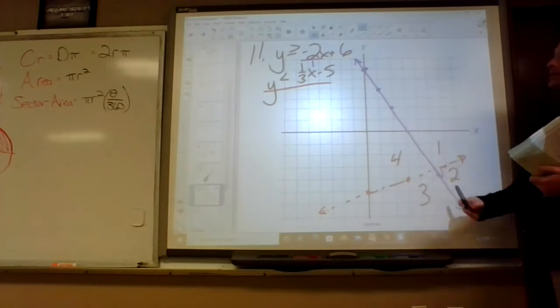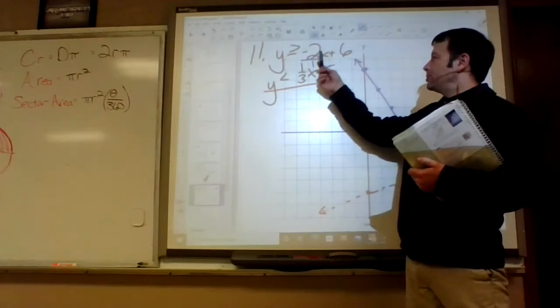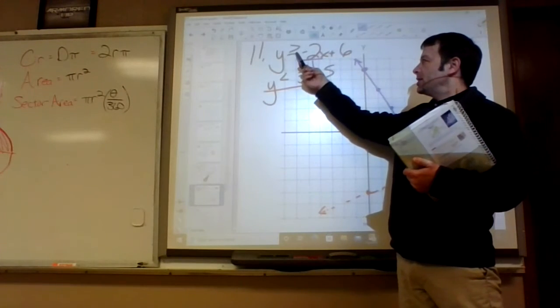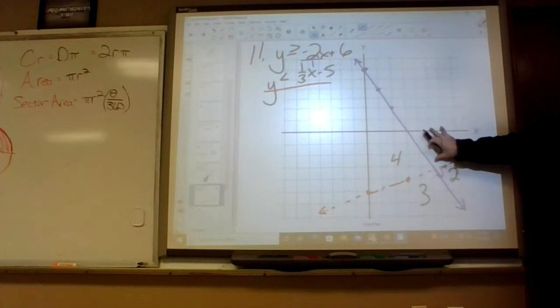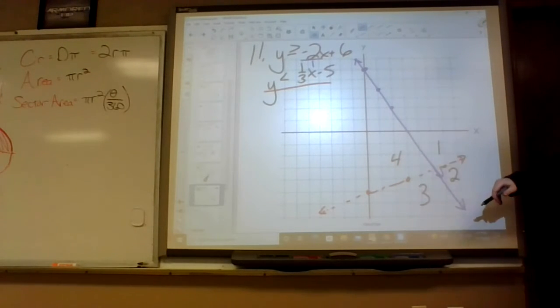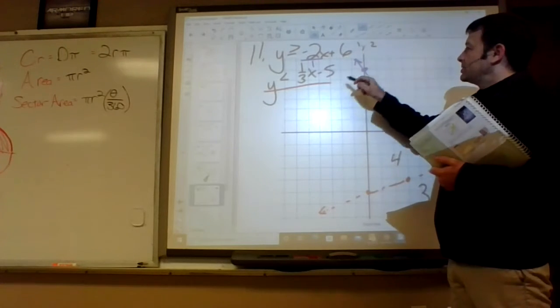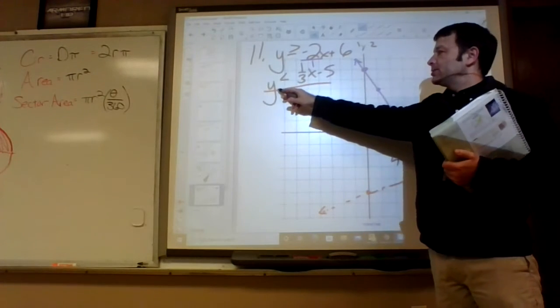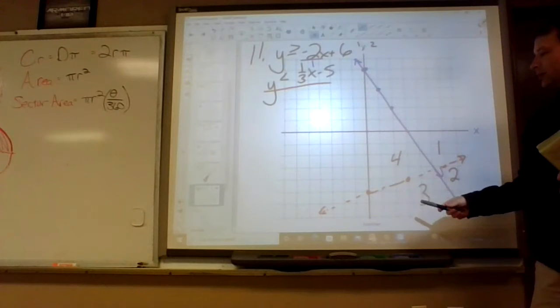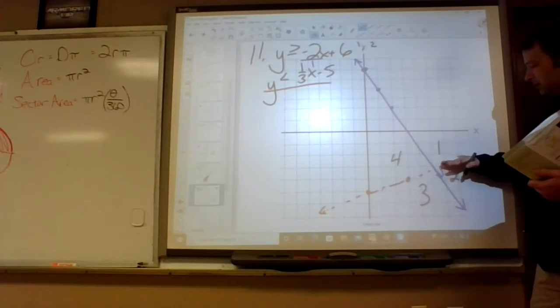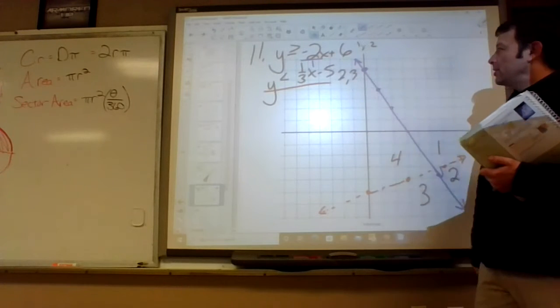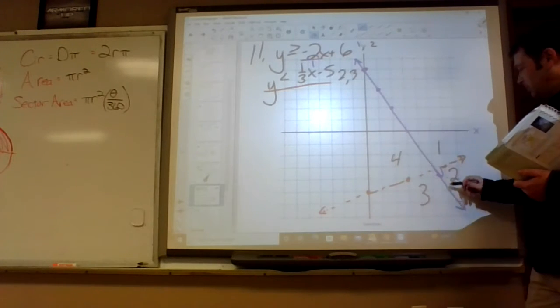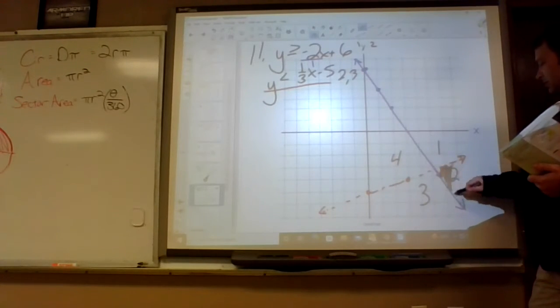Okay, anyways, my first line, which was my blue line, it says y is greater than. So where would I shade it? Like region 1 or 2, 1 and 2. My second line, my red line, says y is less than. So where would I shade that? 2 and 3. So what region do they both have in common? 2. So I'm going to shade this stuff.